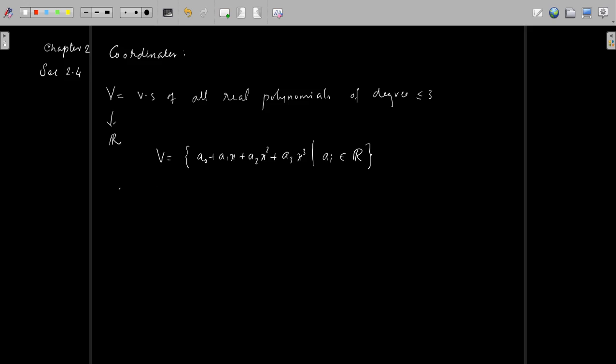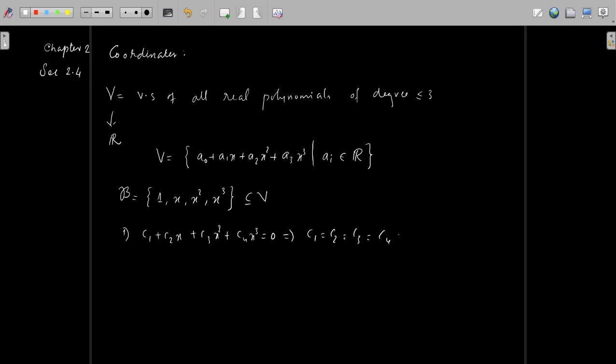Now consider a subset of V as B equal to {1, x, x square, x cube}. This is a subset of V, and this subset has the following properties. The first property is whenever c1 plus c2x plus c3x square plus c4x raised to 3 equal to 0 implies c1 equal to c2 equal to c3 equal to c4 equal to 0.